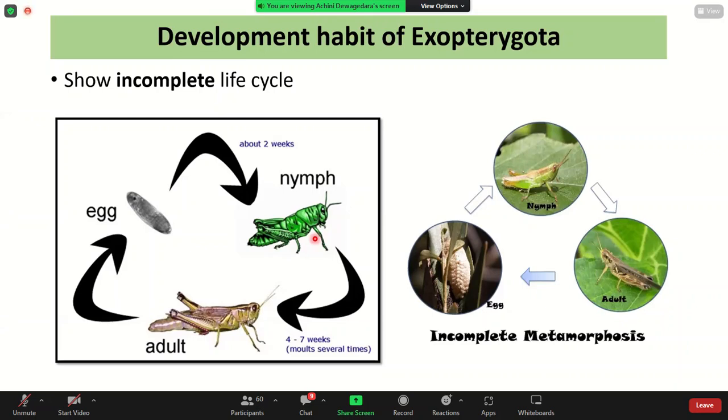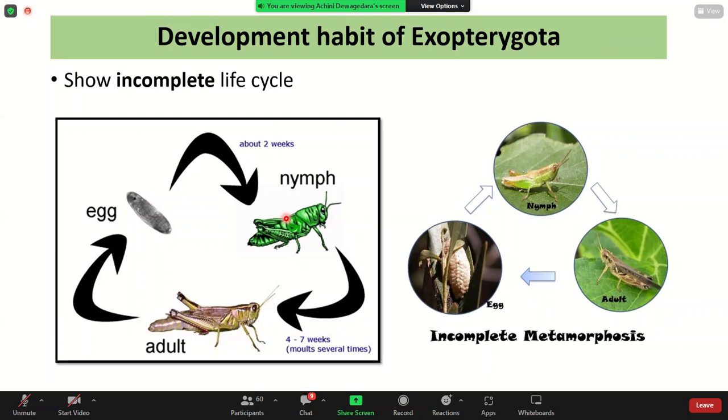In our case, we have a skeleton inside our body, and these bones develop as we develop. When we grow, our bones grow longer and change shape accordingly. But the exoskeleton does not expand even though the body size is increasing.